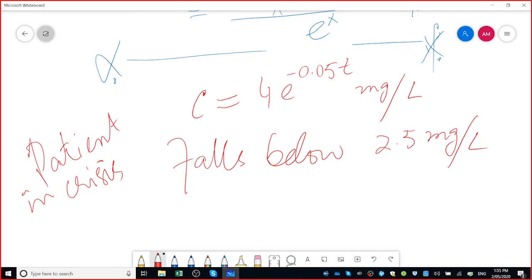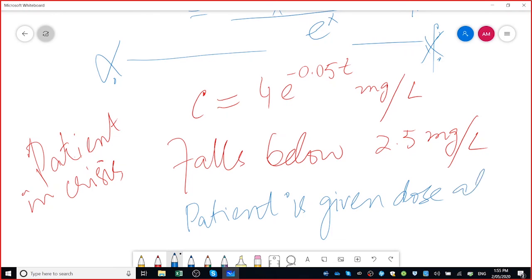So a patient is given a dose at 9 a.m. Okay.